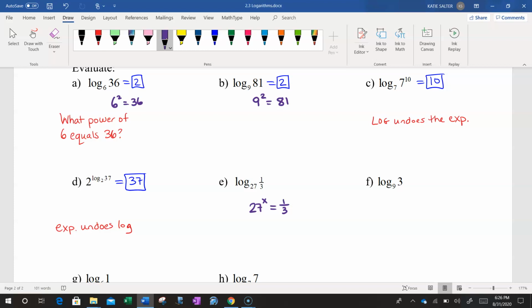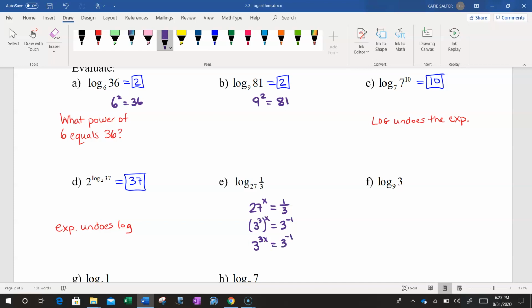So we can rewrite 27 as 3 cubed raised to the x. Then to get this 3 out of the denominator and back in the numerator, we can use our negative exponents. 1/3 is the same thing as 3 to the negative 1. Over here on the left side, power to a power, we multiply. So 3 to the 3x is equal to 3 to the negative 1.